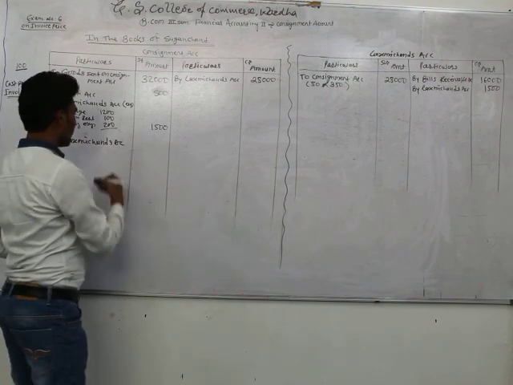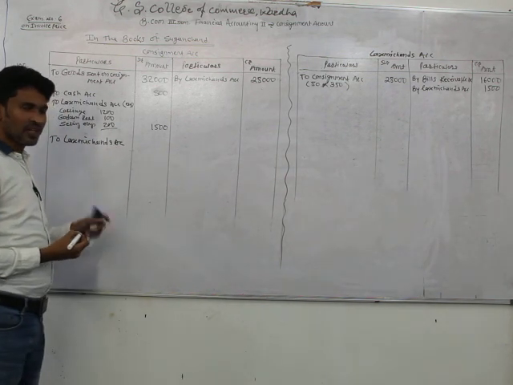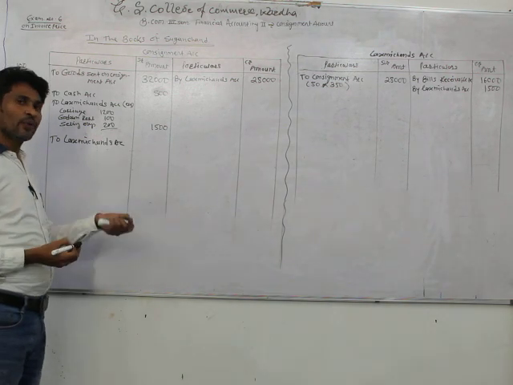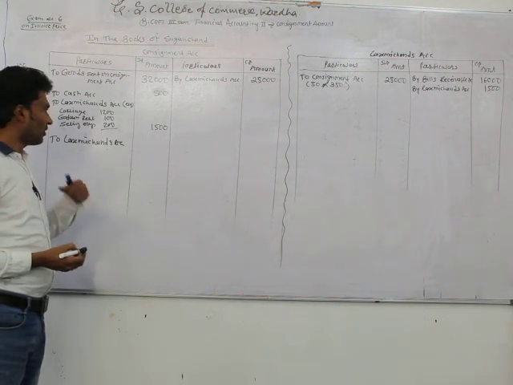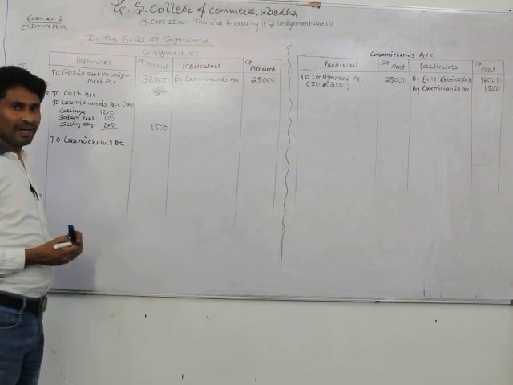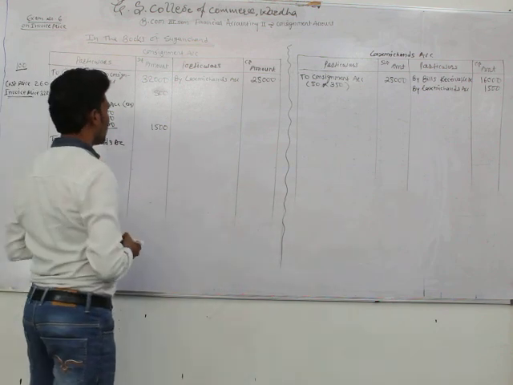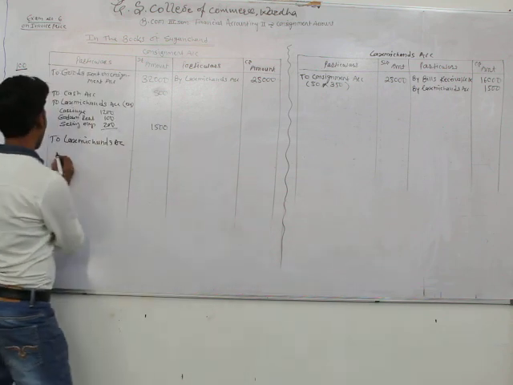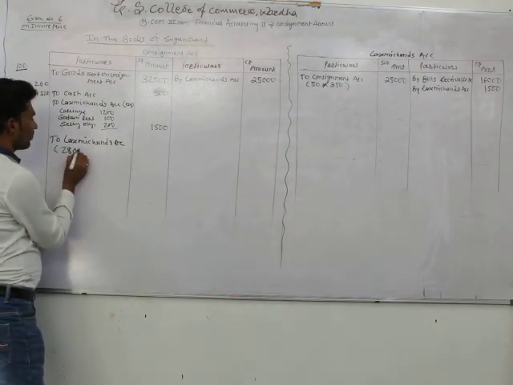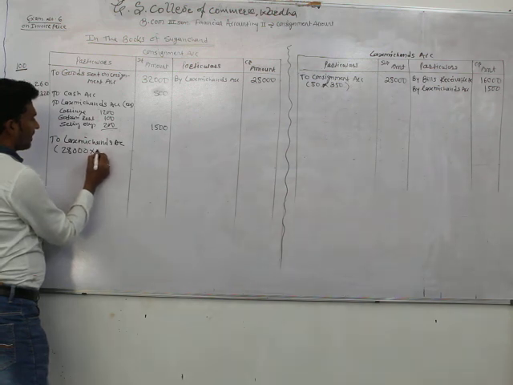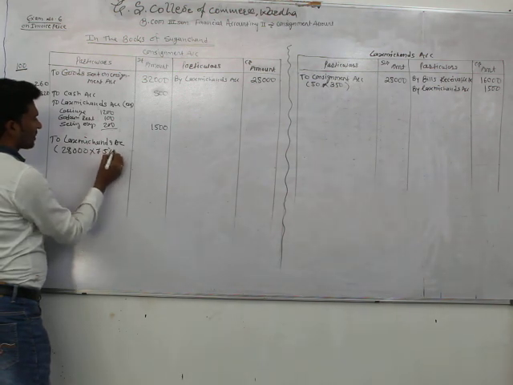You can show the 6% commission and 1.5% commission calculated separately, or you can directly calculate the total 7.5% commission on the sales in a round figure. Okay, so 7.5% commission, 28,000 multiplied by 7.5%.